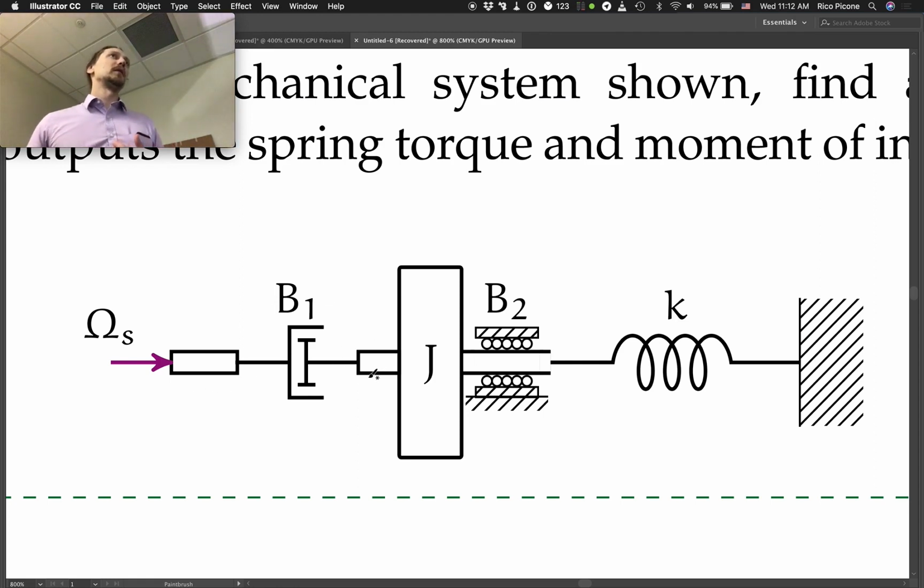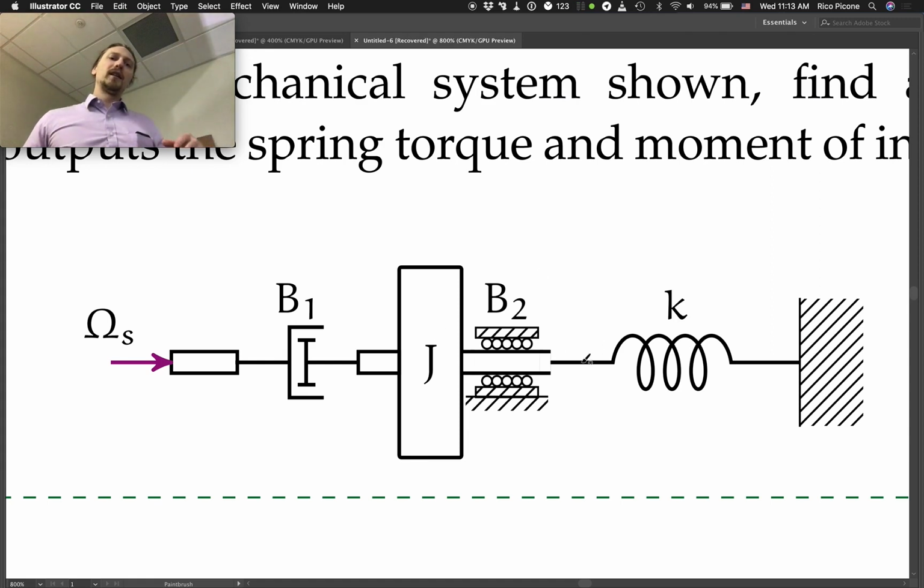The drop across this is going to be greater and greater, and this angular moment of inertia is going to want to turn in the same direction that omega s is going. But its turning is going to be resisted by the spring, assuming it's not bouncing back and forth.